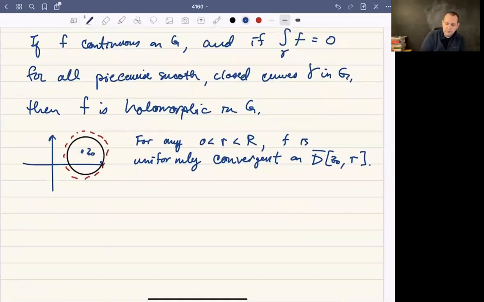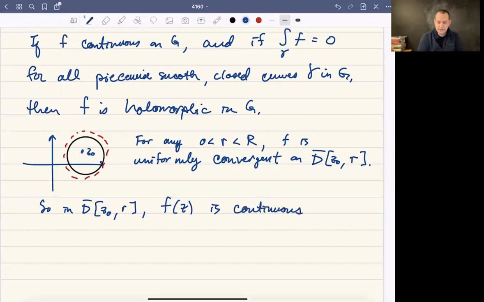So by uniform convergence, in this closed disk of radius little r, since f is uniformly convergent, and since each of the terms is continuous, it follows that f is continuous, because one of the things that we did in detail in chapter 7 was we proved that if we have a bunch of continuous functions f sub n, and if they converge to some function f, then that limit function f is also continuous.